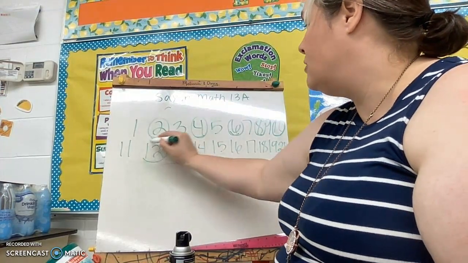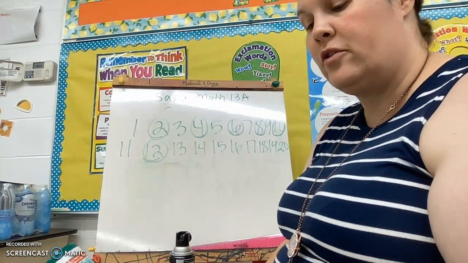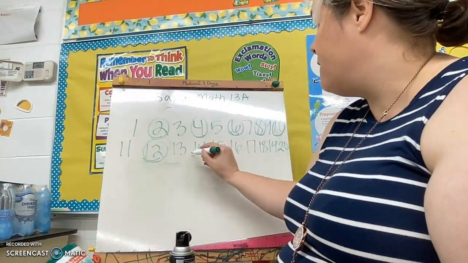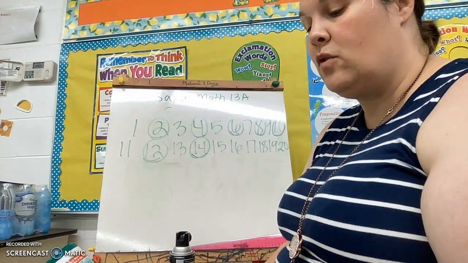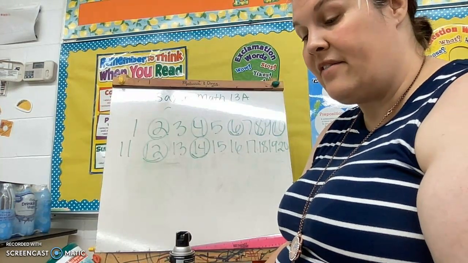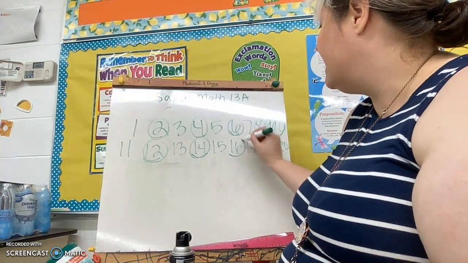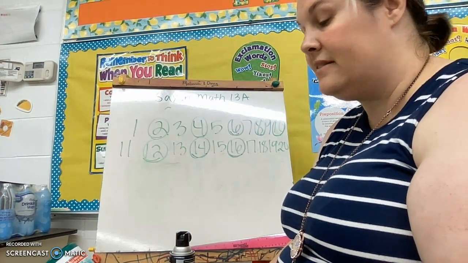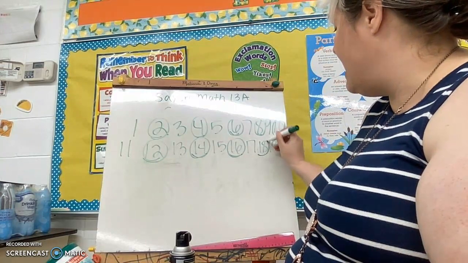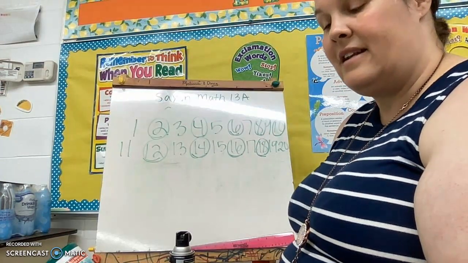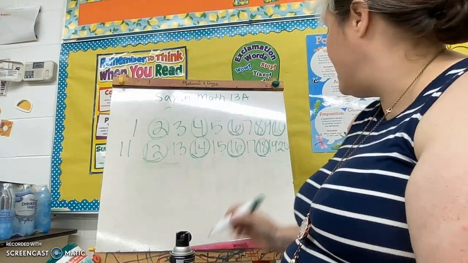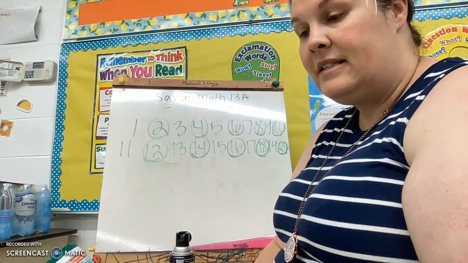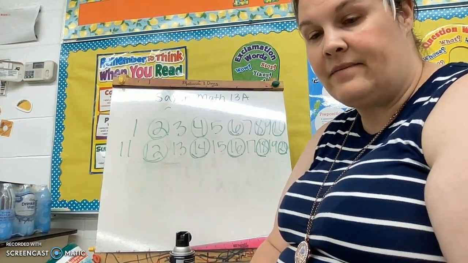I can split 12 into equal groups, 6 plus 6. I can split 14 into equal groups, 7 plus 7. I can split 16 into equal groups, 8 plus 8. I can split 18 into equal groups, 9 plus 9. And I can split 20 into equal groups, 10 plus 10.